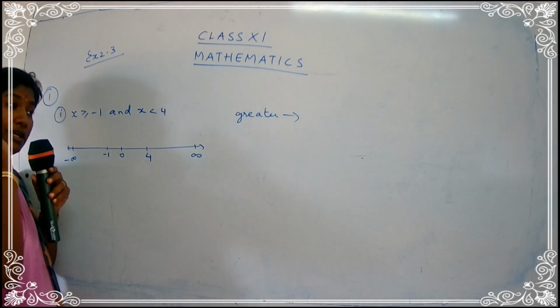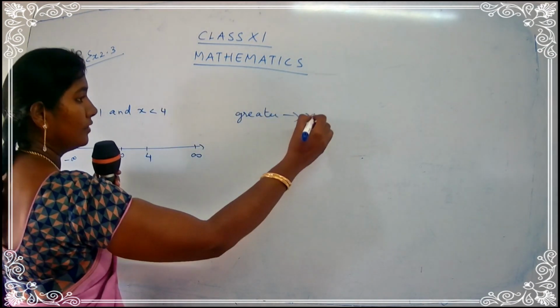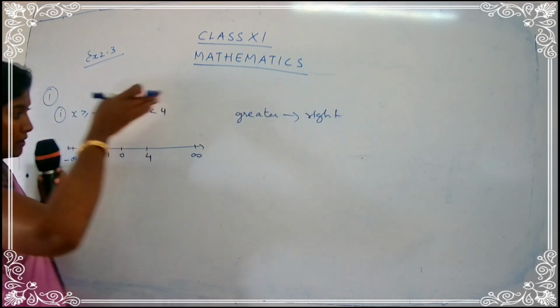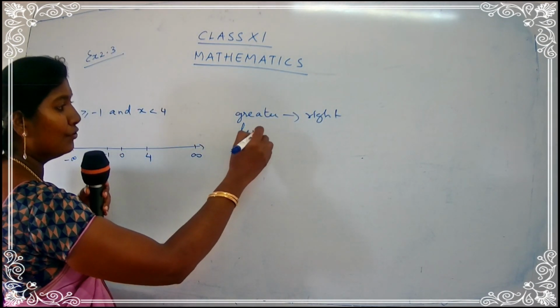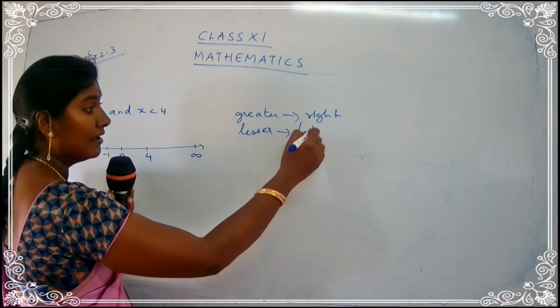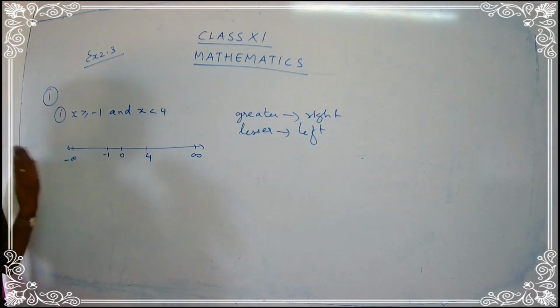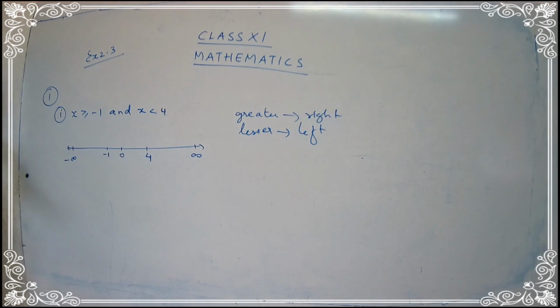You're going to move to the right side, to the positive side. And when you have a lesser sign, you have to come to the left side. Remember, which side are you going to move? You're going to come to the left side. So when it is a greater sign, you have to come to the right side. And if it's a lesser sign, you have to come to the left side.